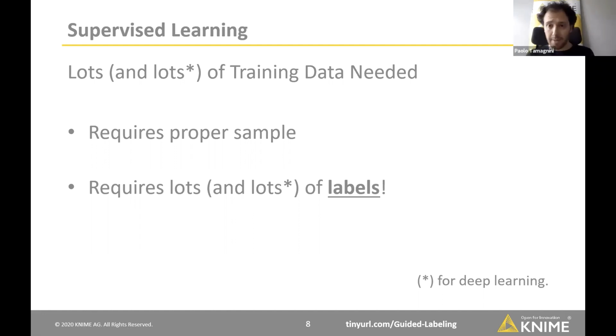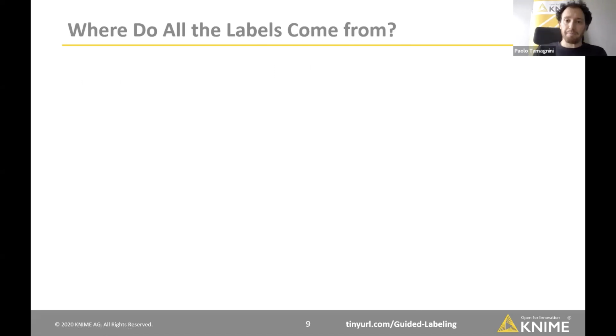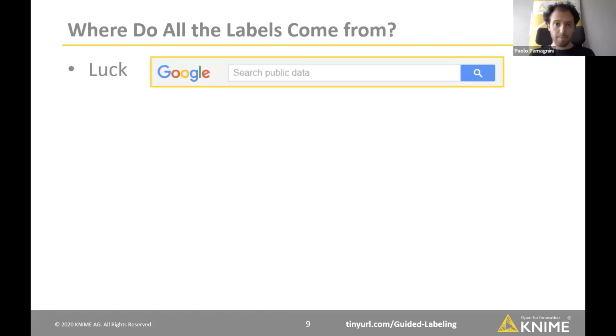And where do those labels come from? Well, there are different scenarios here, and let's now go through them to have a full overview. So you can have luck to find them on the internet. There are many, many portals where you can find public data sets, and you can join your data with these open data sets.